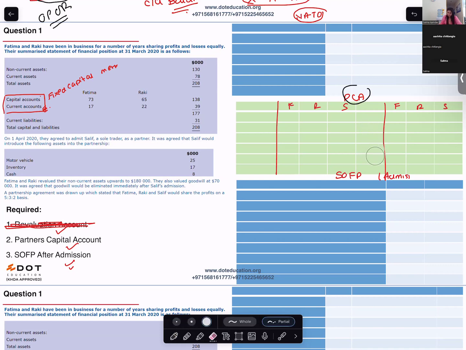Are you with me? So first thing you will write the partner's capital account balances over here. Then what?